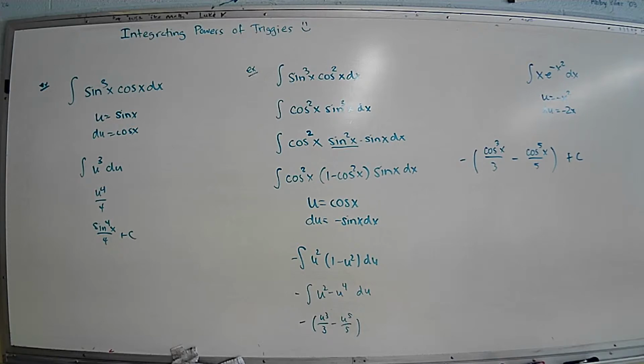I feel like you could put off a sine squared and then use the method that we just did to find sine to the fifth. Yes, we could do that. You could get the right answer doing it that way, completely not efficient, but yeah, you could get there.